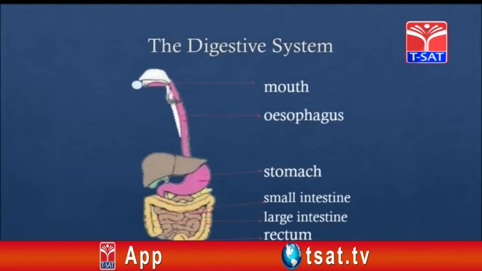The food we eat enters the mouth, then passes into the esophagus, then it reaches the stomach. From the stomach it enters into the small intestine. From there it enters into the large intestine and it reaches the rectum, and undigested food comes out through the anus.